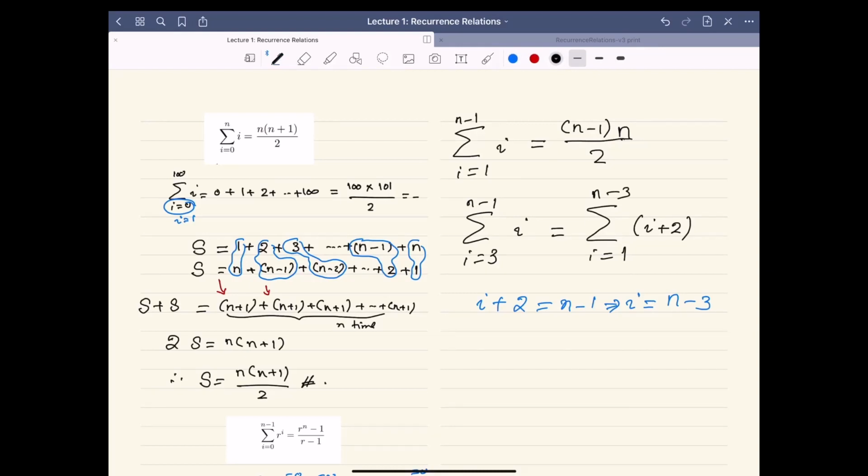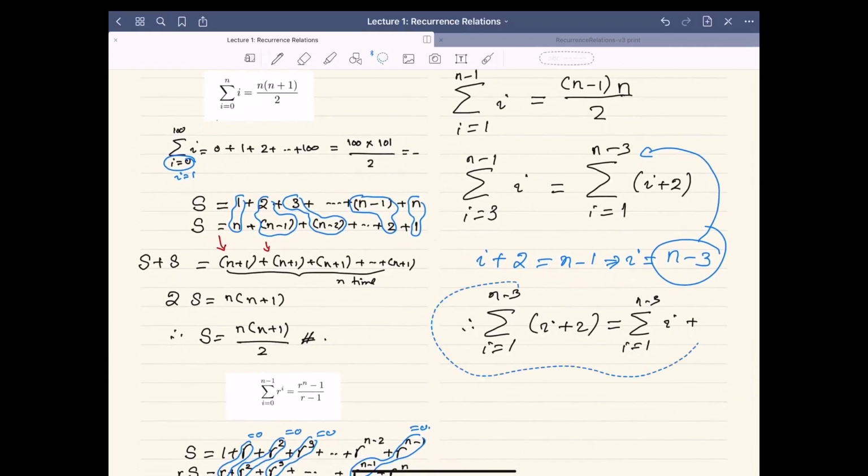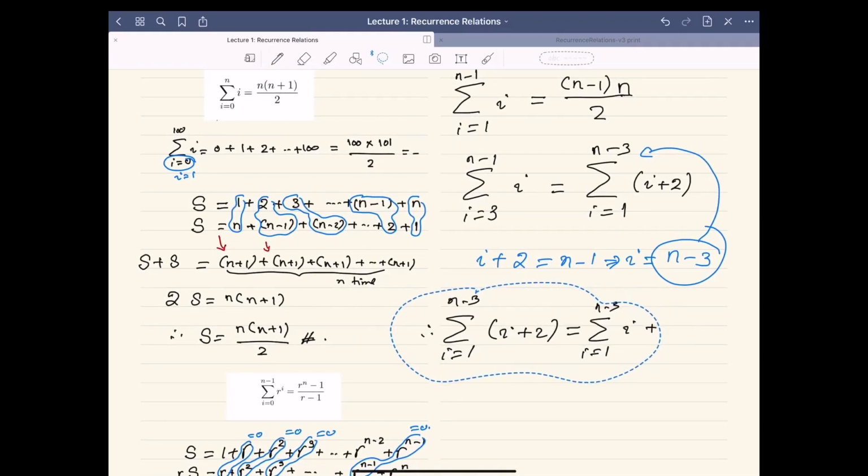So substitute this in here. Since this summation starts from 1, we can say that the summation of I equal 1 up to n minus 3 of I plus 2, we distribute, and this will be equal to the summation I equal 1 up to n minus 3 of I, plus the summation I equal 1 up to n minus 3 of 2.